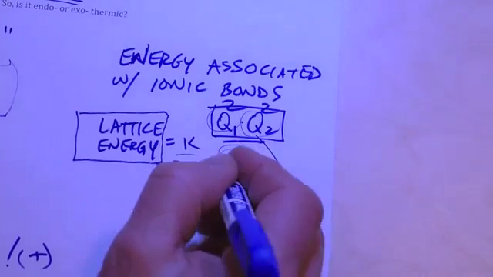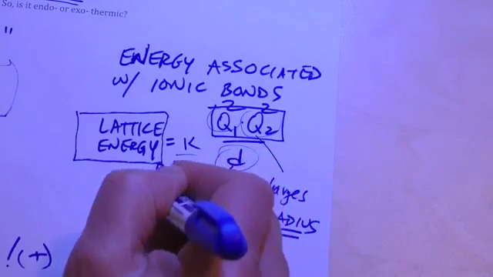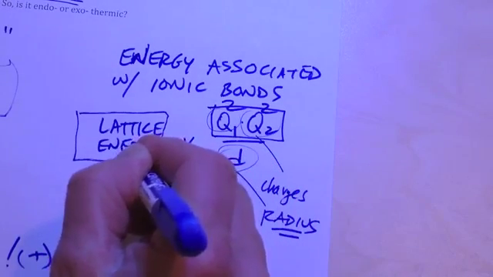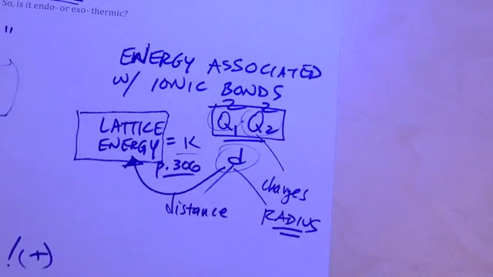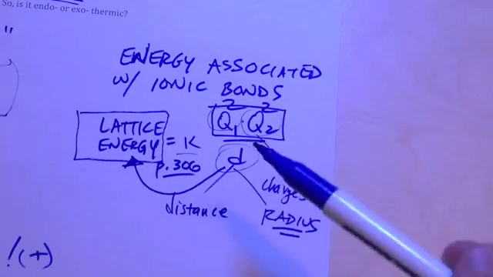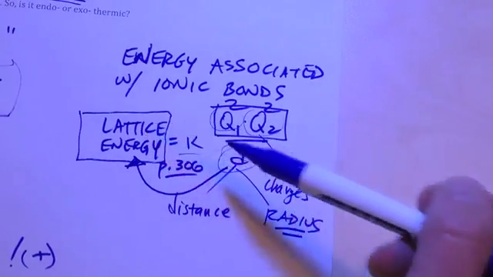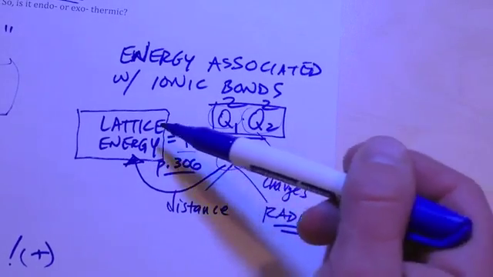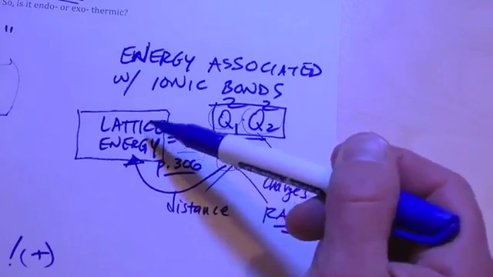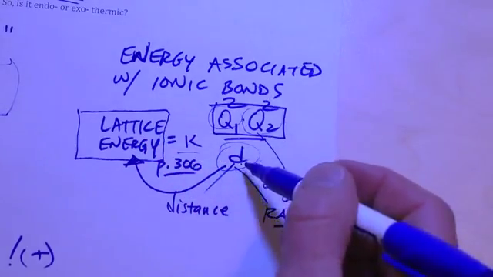And so you can see that the distance between 2 things is inversely proportional to the lattice energy. What does inversely proportional mean? If the distance is greater, the lattice energy is smaller. If the distance is smaller, the lattice energy is larger. So it's an opposite relationship.